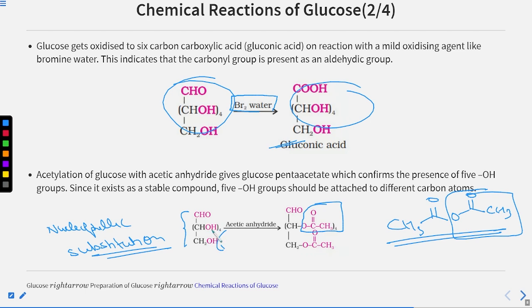Since it has 5 OH groups here, 5 moles of acetic anhydride will be involved to form this final product. So 1 mole of glucose reacts with 5 moles of acetic anhydride. Similarly, here 1 mole of glucose reacts with 1 mole of Br2 water.